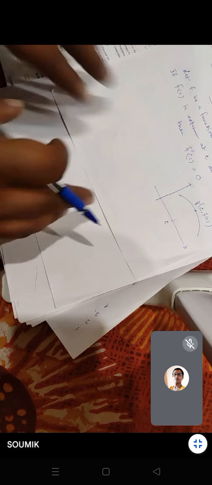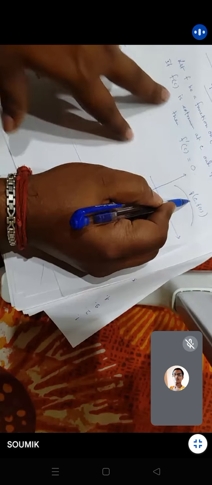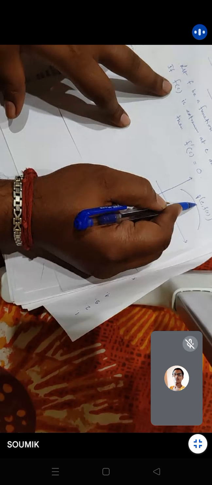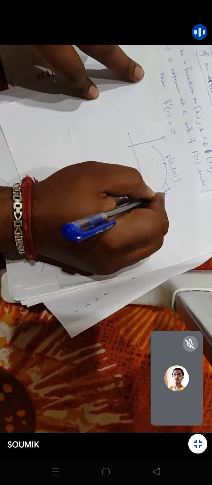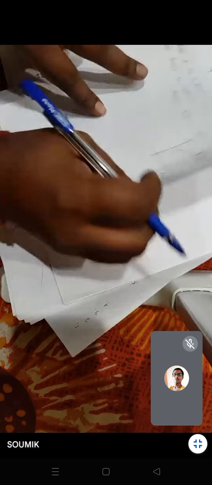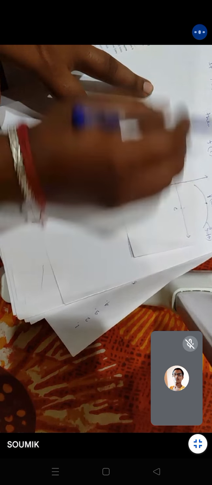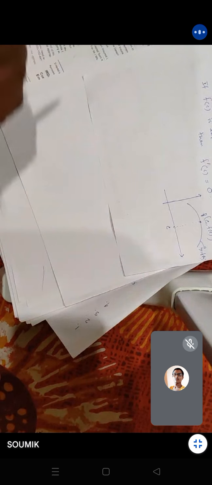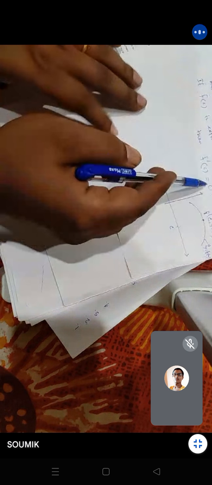According to the theorem, f(c) is an extremum at c. This is the curve y equals f(x). So the point is f(c) is an extremum at c, and if f'(c) exists, then we say that f'(c) equals 0.